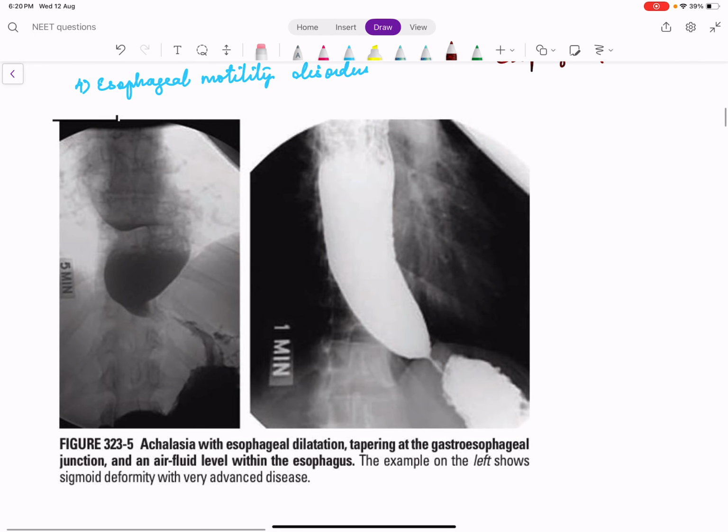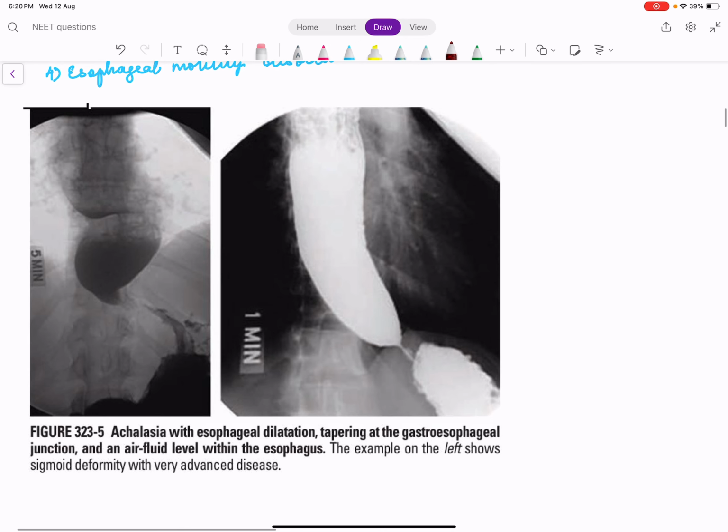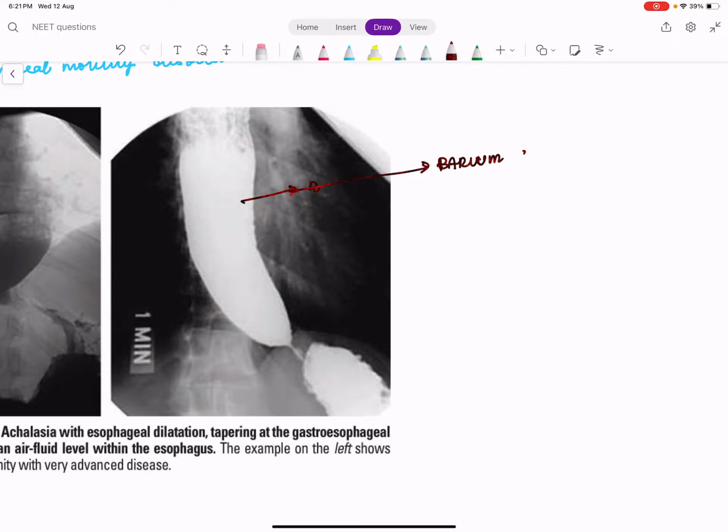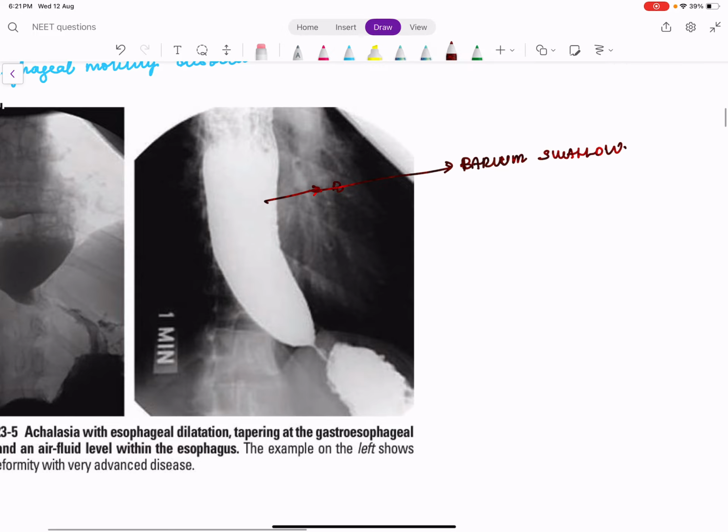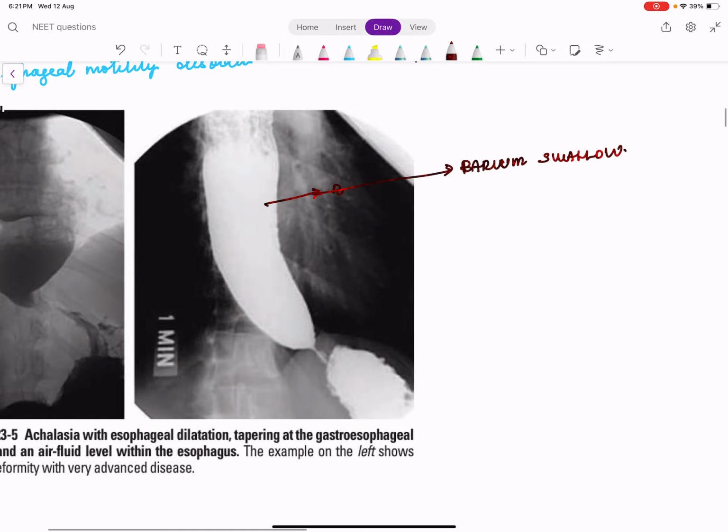So can you identify this image? This is a barium swallow image. In a barium swallow, we make the person drink a barium contrast and swallow it. While they swallow, we take imaging of the chest so that we can see the esophagus. A normal esophagus will not look like this. This esophagus is dilated.